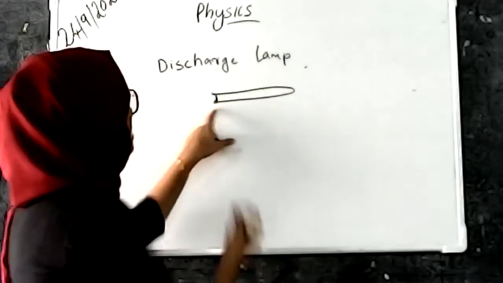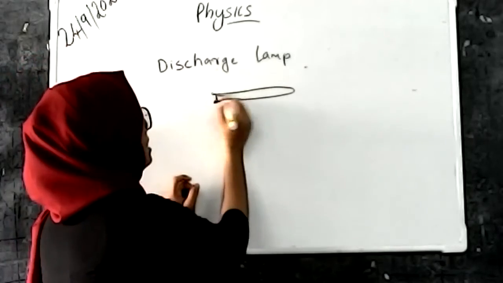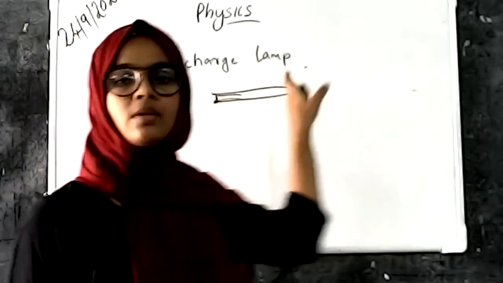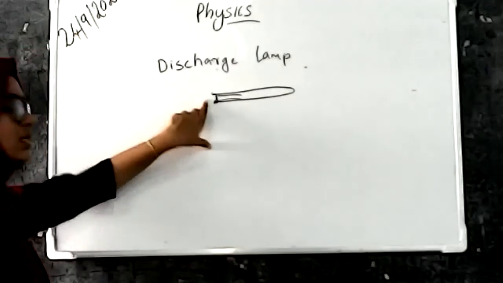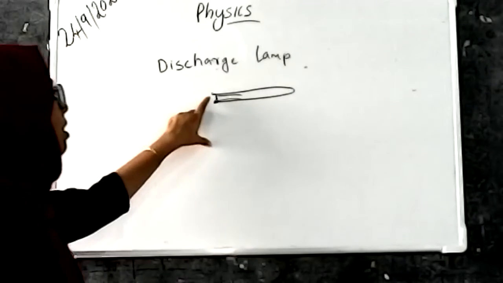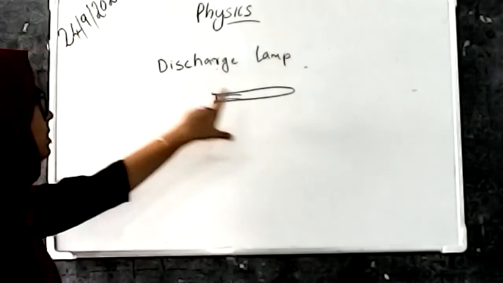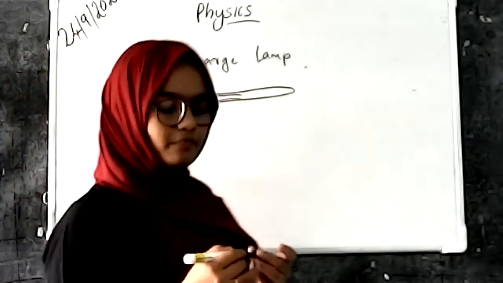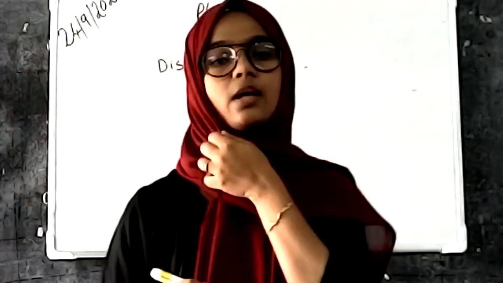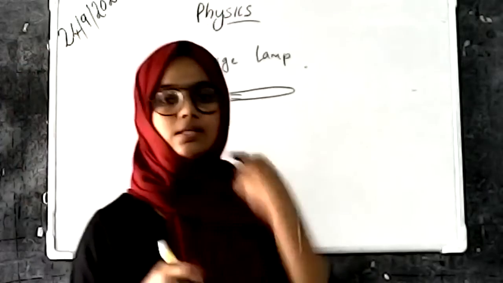A glass tube and two electrodes are inside the discharge lamp. When we give electricity to the discharge lamp, the molecules are getting energized.